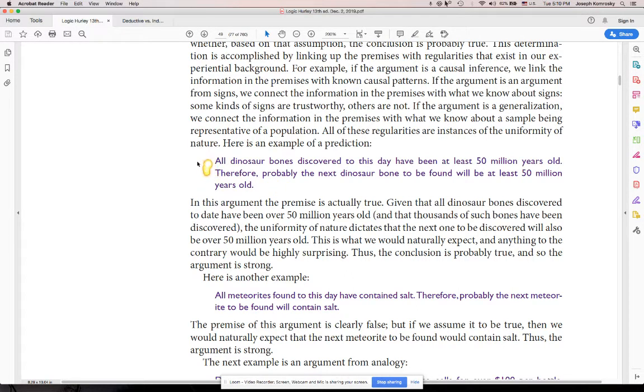And inductive arguments are really used as a backbone of the scientific method, because science, it's not 100% certain. There's a lot of hypotheses that test. They're probable. They're more likely to happen. They have confidence levels that are very high. There's a word called verisimilitude or verisimilitudinal, and it's the closest approximate truth.